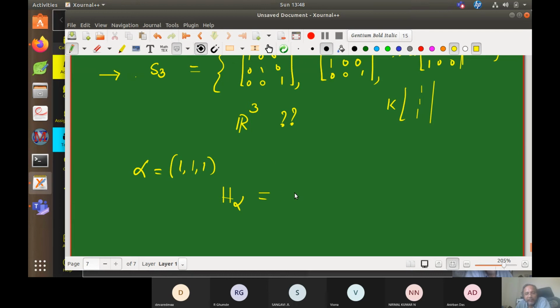R3 is the inner product space. I am collecting all the vectors V belonging to R3 such that V inner product alpha is equal to 0. You know inner product.